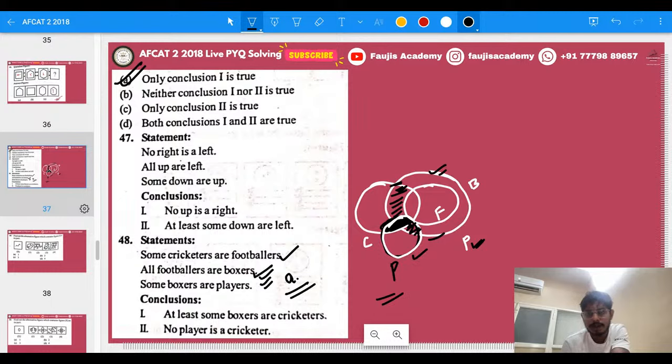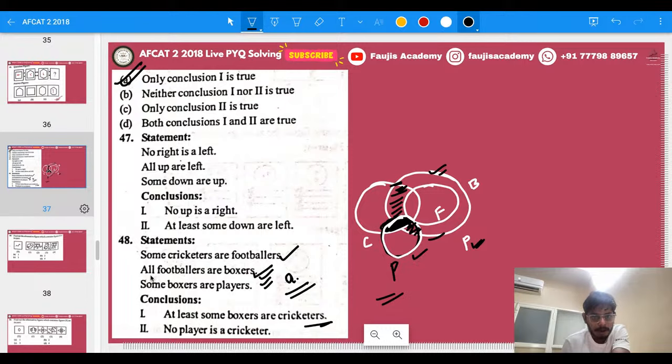So we can draw the Venn diagram in multiple ways. Can you prove this wrong? At least some boxers are cricketers. Okay, it cannot be proved wrong. Why?